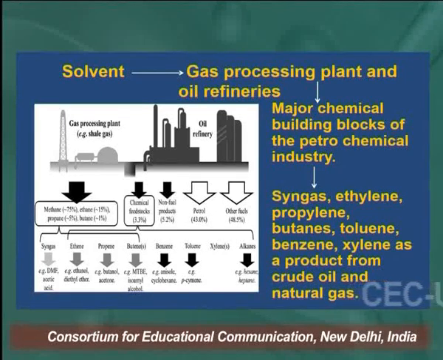So, there are different types of solvents we can obtain from the gas processing plants and the oil refinery plants. Basically, from the petrochemical and gas processing plants, we can obtain the conventional solvents.